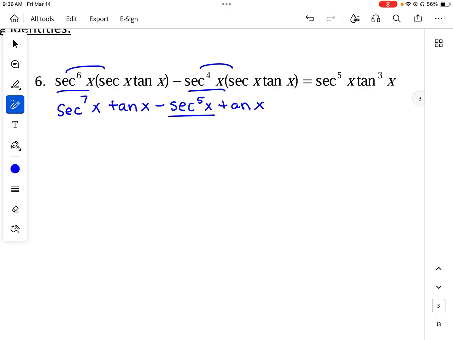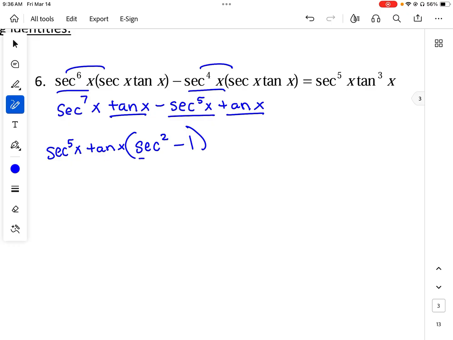And then they both have secant and tan. So I'm going to factor out secant to the 5th x and tan x. And when you factor out, you have to subtract your exponent. So this would be secant squared minus 1.